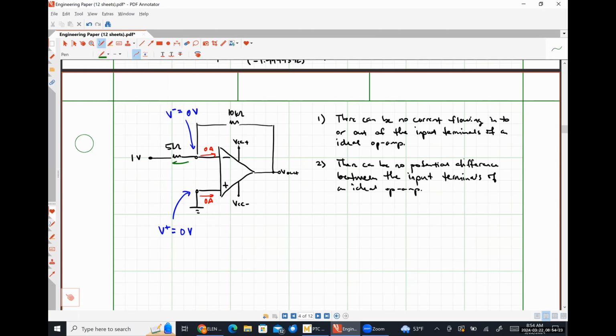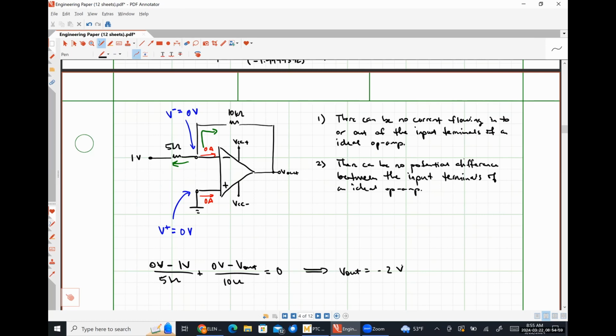And then I apply Kirchhoff's current law at the inverting input node, which is going to give me 0 volts minus 1 volt over 5 kiloohms plus 0 volts minus V out over 10 kiloohms is equal to 0, and solve for V out, which would simply in this case be negative 2 volts.